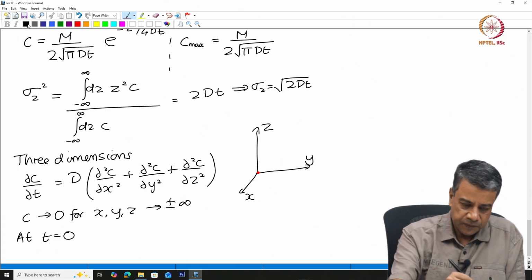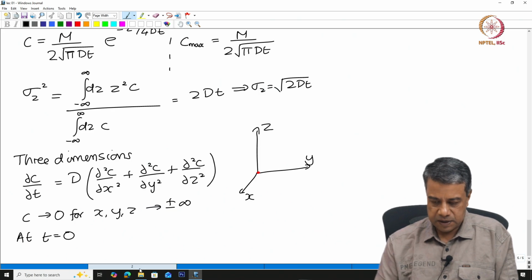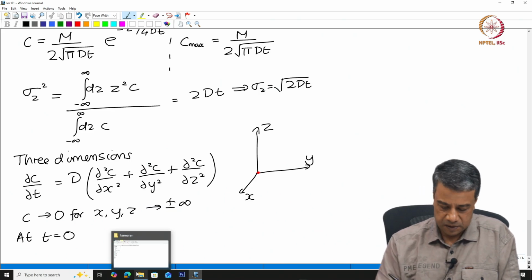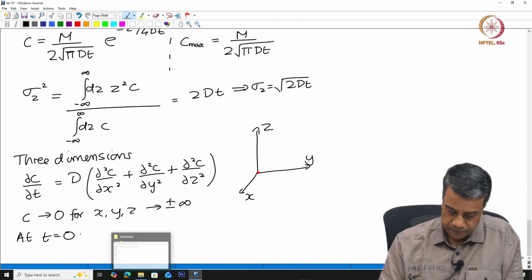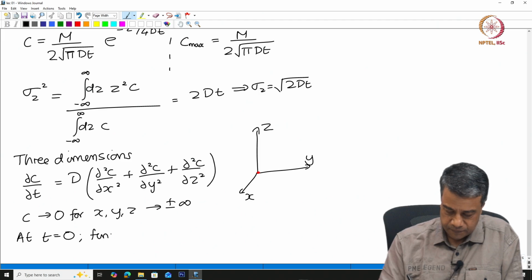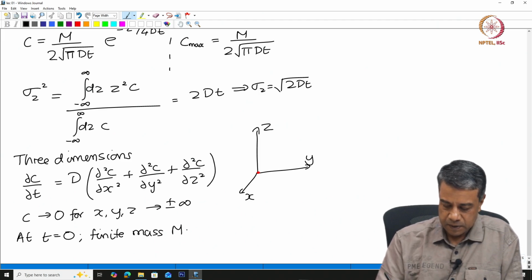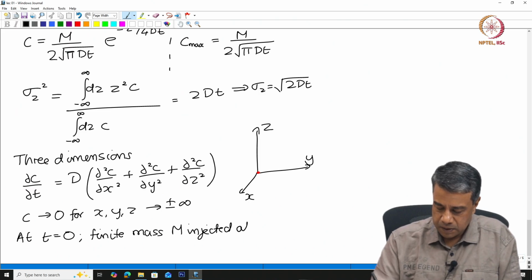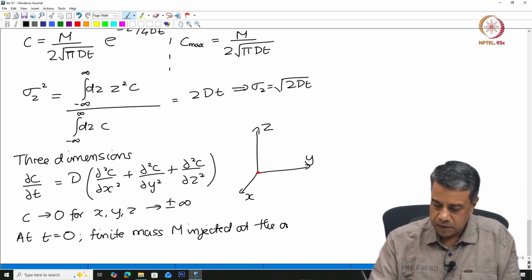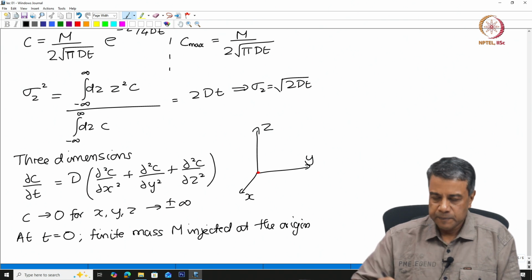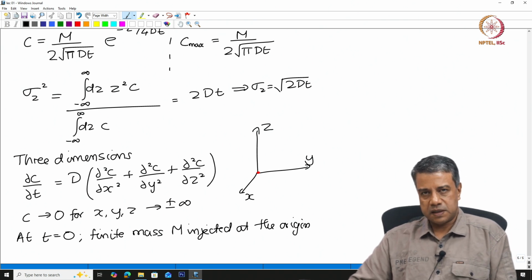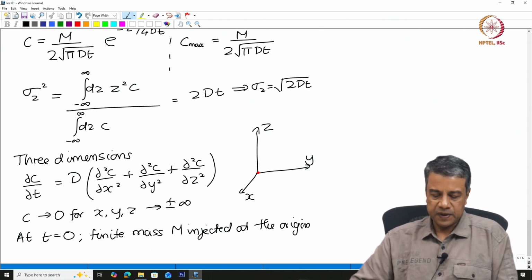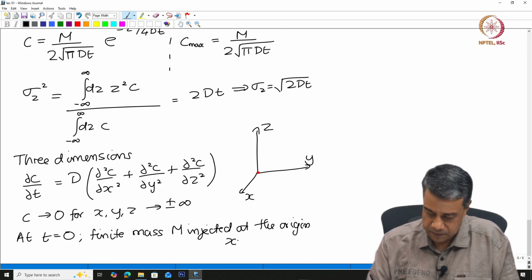At t equal to 0, there is a finite mass injected at the origin, at x equal to 0, y equal to 0, z equal to 0.